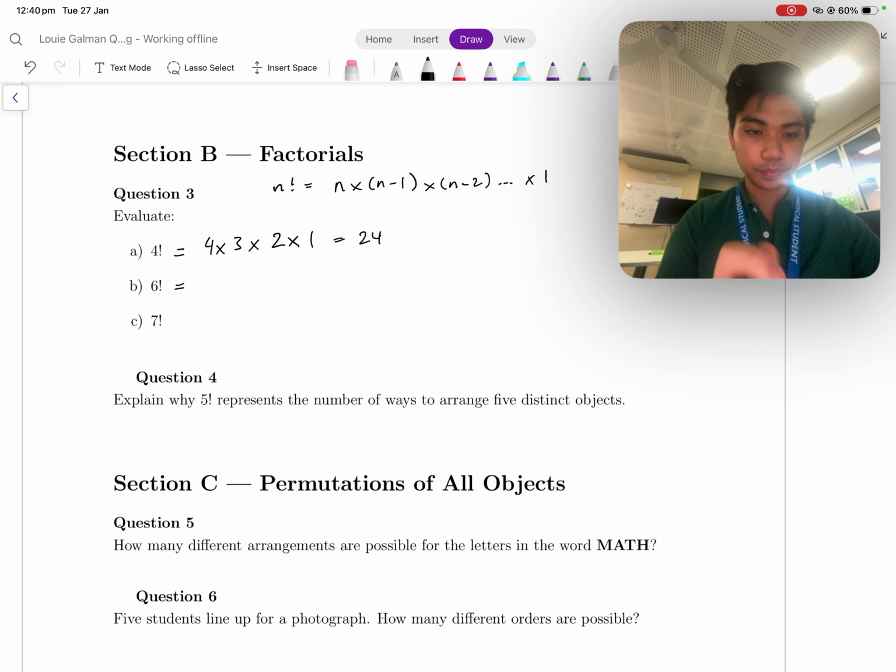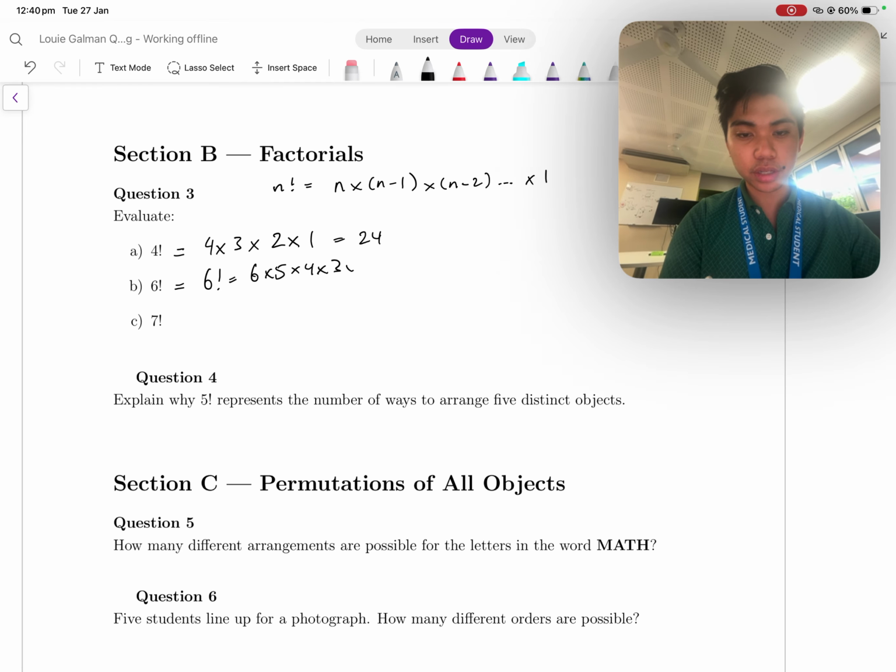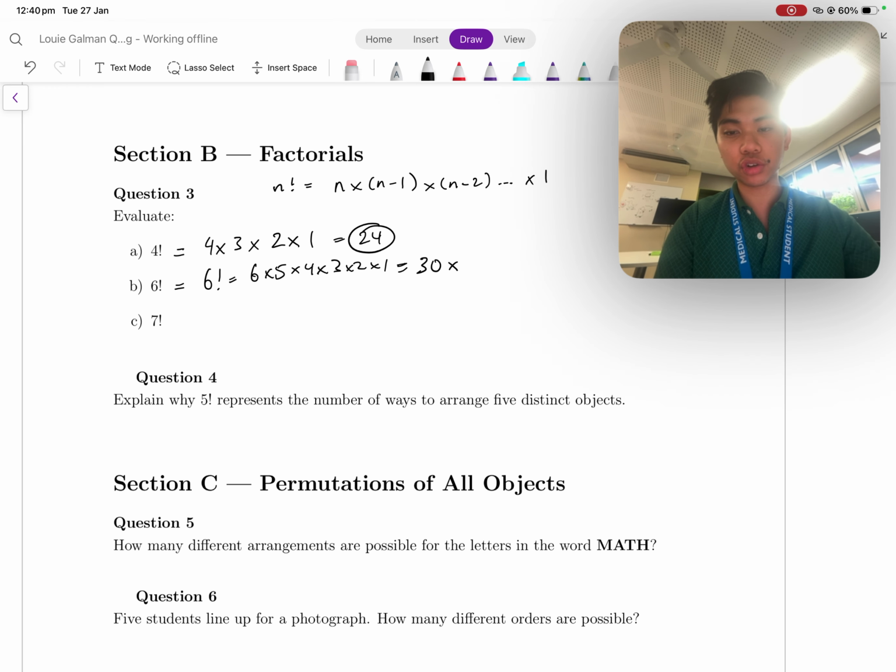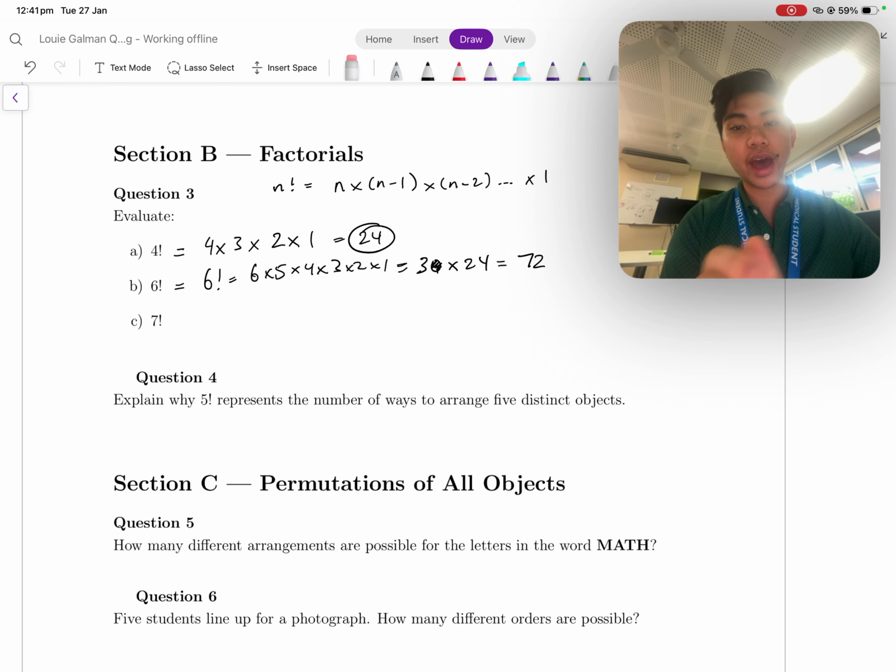6 factorial, similar thing, we're doing 6 times 5 times 4 times 3 times 2 times 1, which equals 6 times 5 is 30, times 4 times 3 times 2. I know that is 4 factorial, so that's 24. If I pretend there wasn't a 0 here, then 24 times 3 is 72, but I do have a 0 in my 30, so I add that 0 back on.